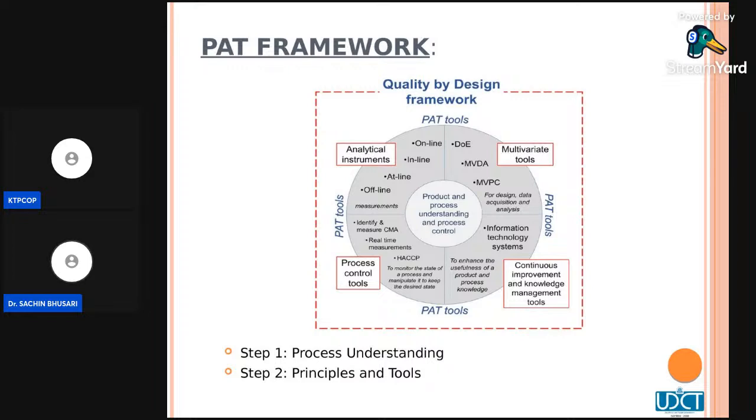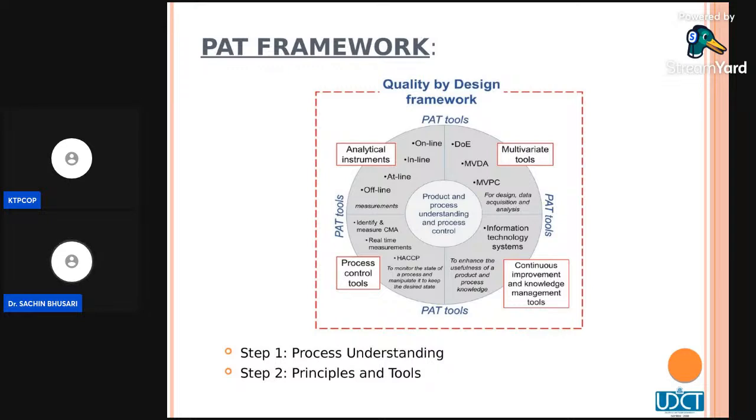We are designing the experiments in such a way that whatever we are achieving is quality. And the PAT framework is based on that only. So QbD hand in hand with the PAT framework will give us a good quality product. Product and process understanding and process control are the center of this PAT framework, and it is supported with all these four different tools of the PAT framework. So one by one, now we will see these tools.